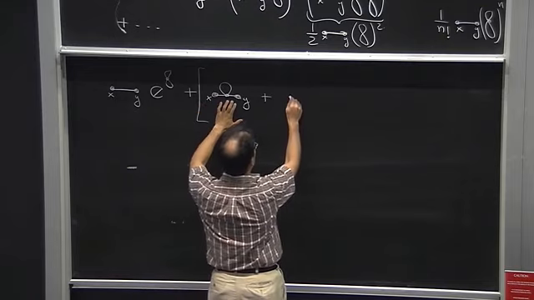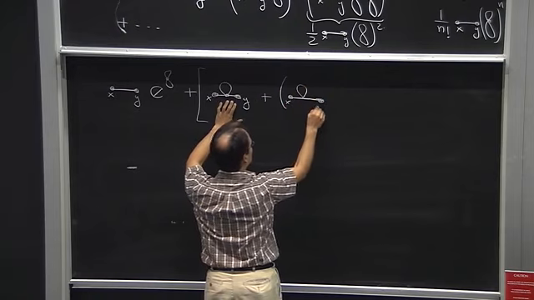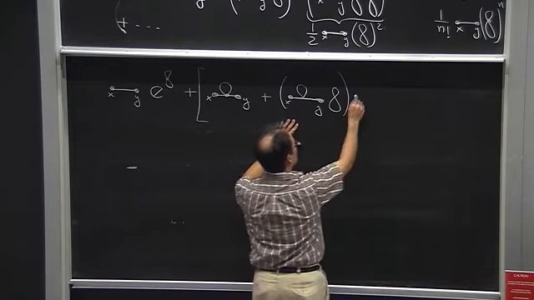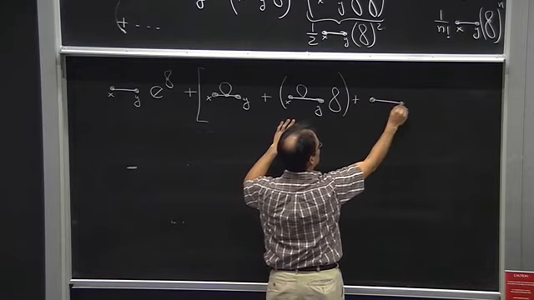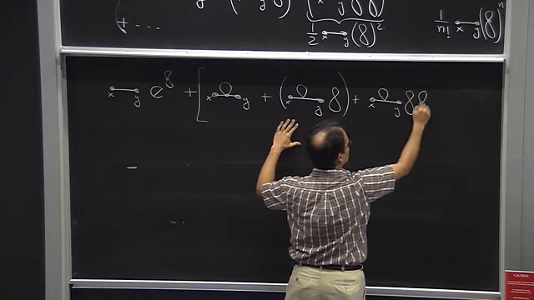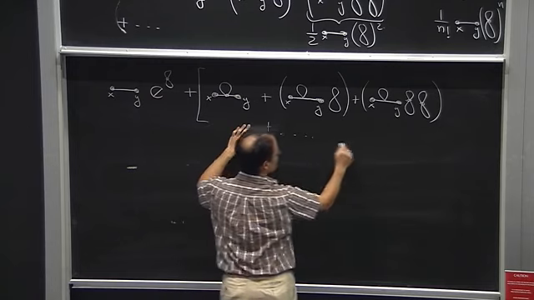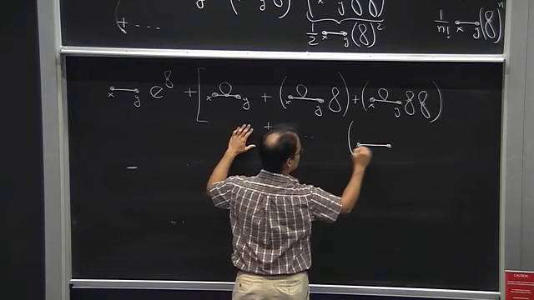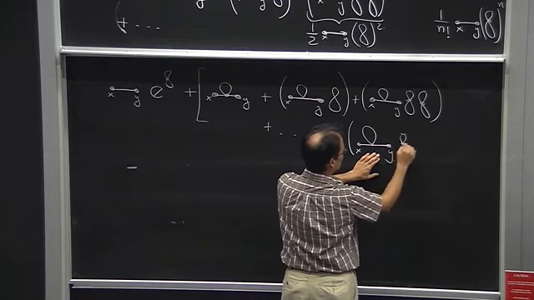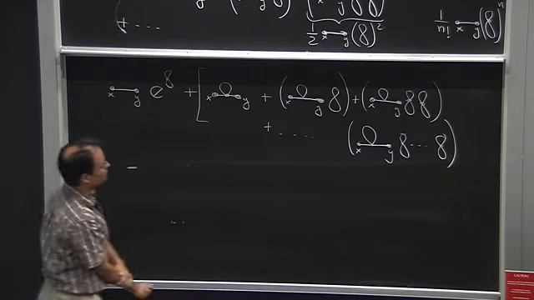And now together with this diagram, let's combine this diagram. Now let's combine with this guy another diagram that looks like this. And let's keep going, combining every single diagram of this form with an arbitrary number of these guys there.